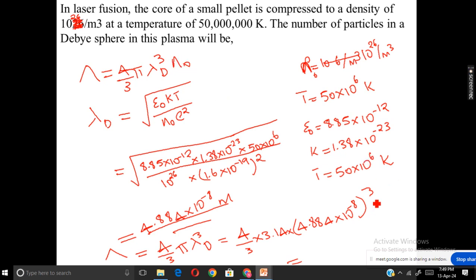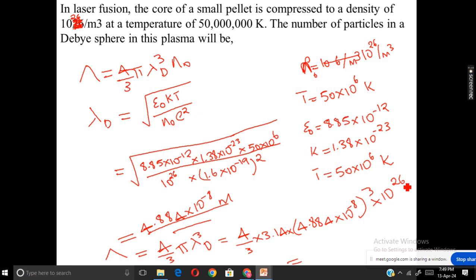N0 into 10 raised to 26 are also there. 4 by 3 pi lambda d cube into N0, which is 4 by 3 pi d cube into N0.